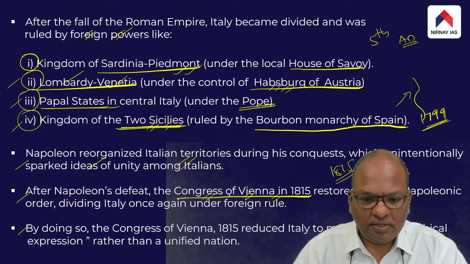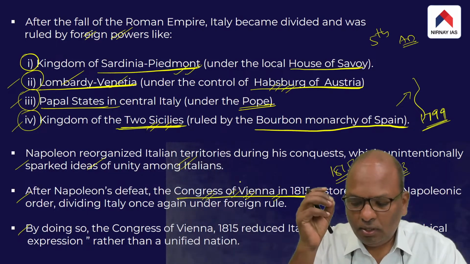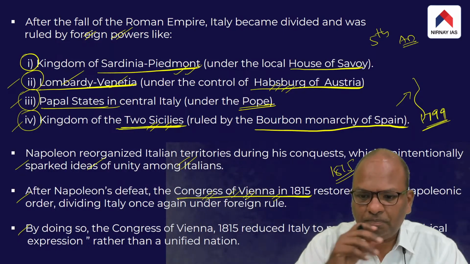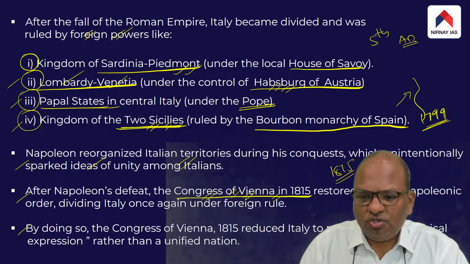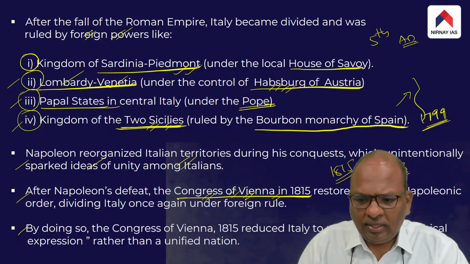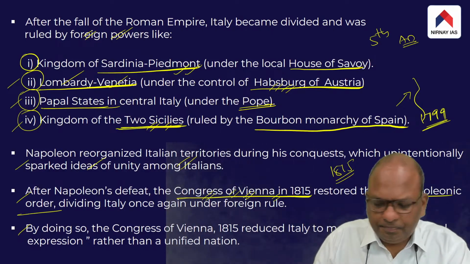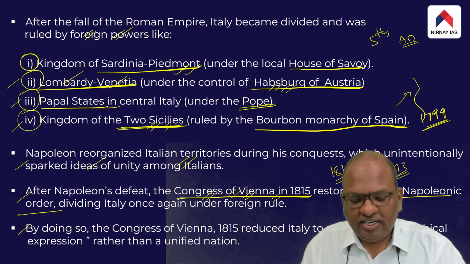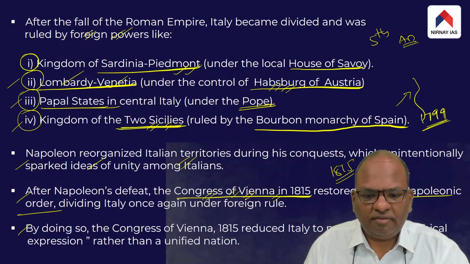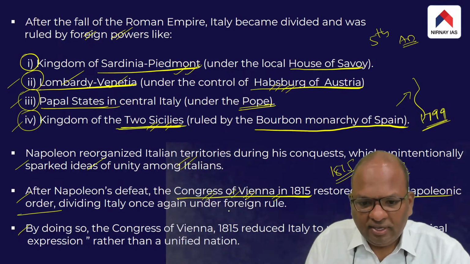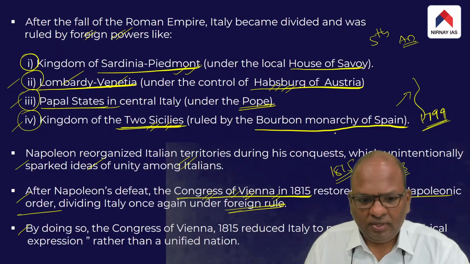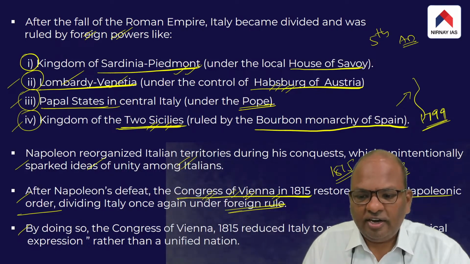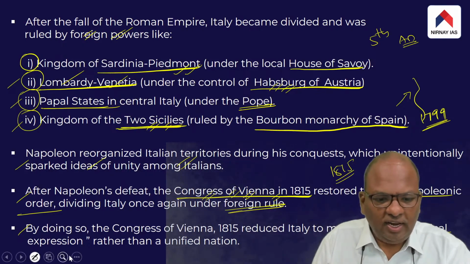So basically, they decided to restore the pre-Napoleonic order, and by doing so, the Congress of Vienna once again revived the foreign rule in Italy, and Italy was once again reduced to merely a geographical expression.